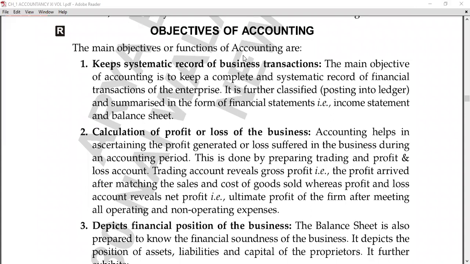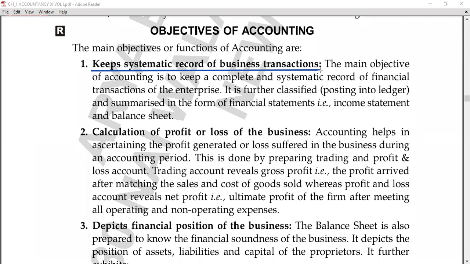Objectives of accounting, and we do have certain 5 to 6 objectives, so note down the first one. Keeps systematic record of business transactions. Start writing, put a dash and continue writing.